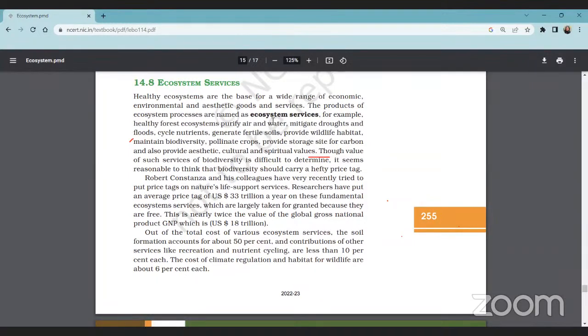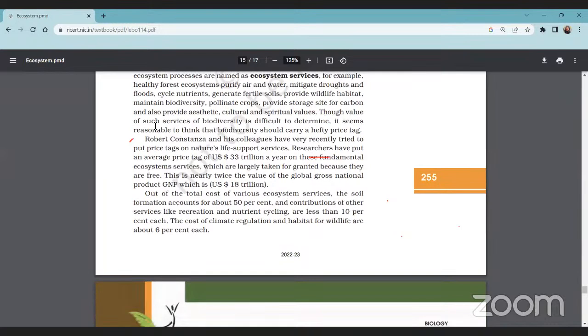By the growing of forests, they stop the floods and stop the droughts, and they help in purifying air and water. They also provide wildlife habitat and maintain biodiversity.